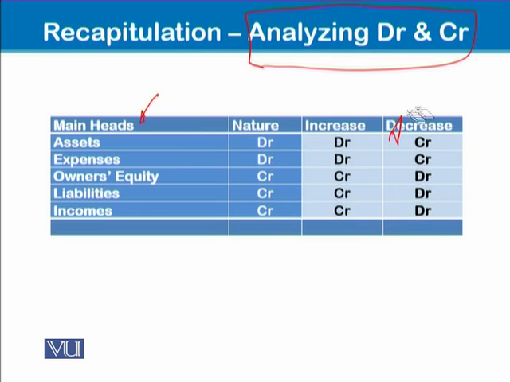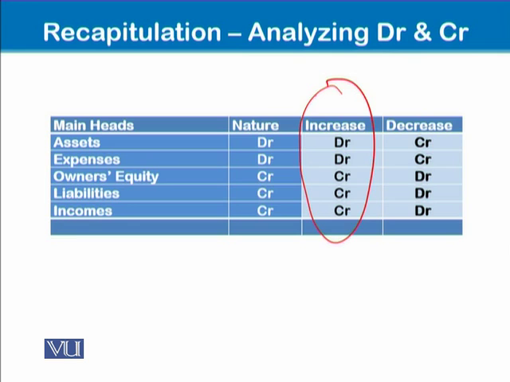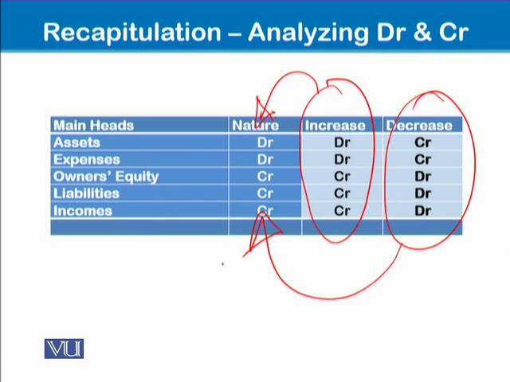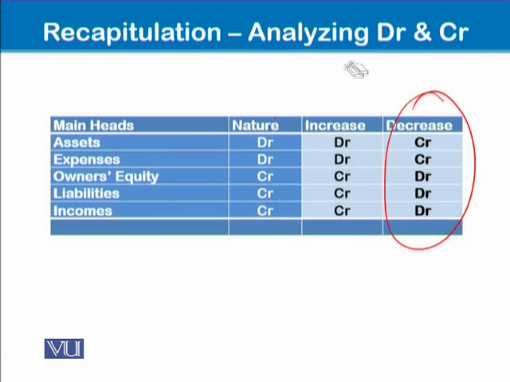So, to repeat once again, I'll advise you to keep this chart in front of you while learning about journal: whenever there is an increase, do exactly according to the nature, and whenever there is a decrease, do opposite to the nature. This is something very important to keep fresh in our mind.